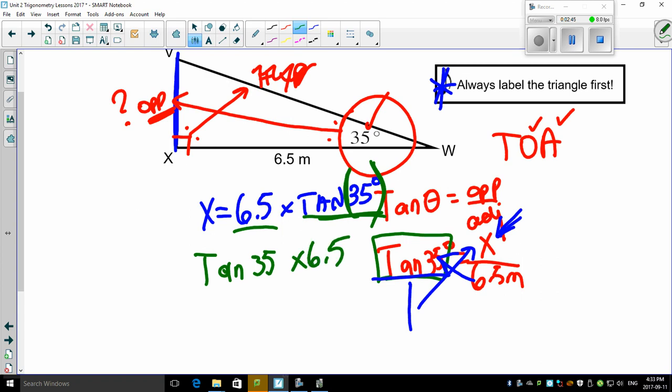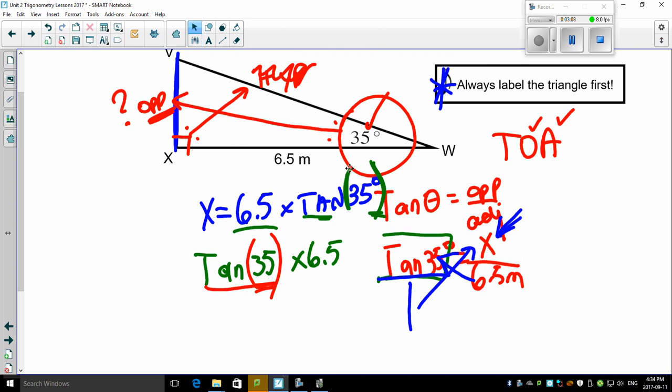Your calculator will do this. You want the tan of 35, but your calculator will do this, and that's wrong. This is where the bracket is supposed to be. You want the bracket to be the tan of 35, not 35 times 6.5. So it's critical to have your brackets in there.